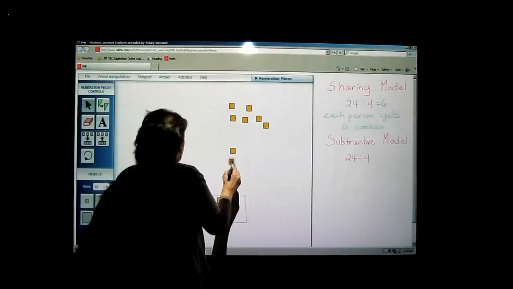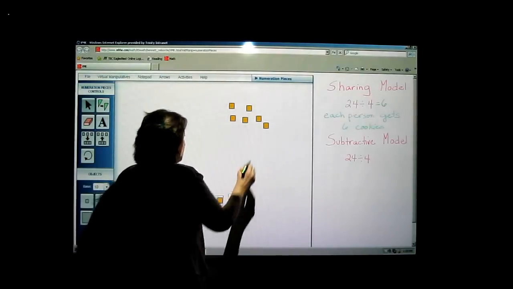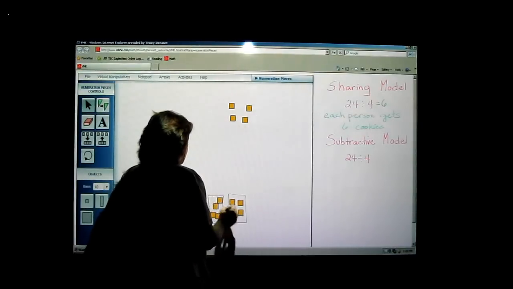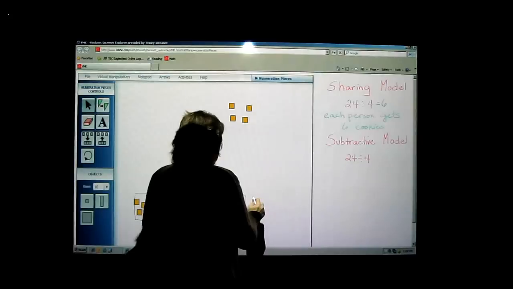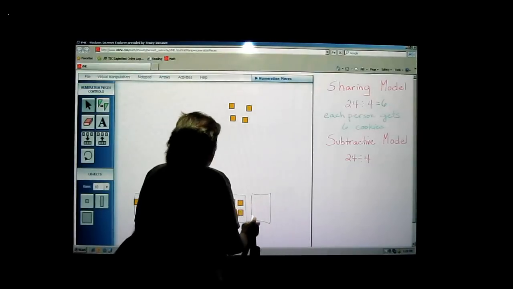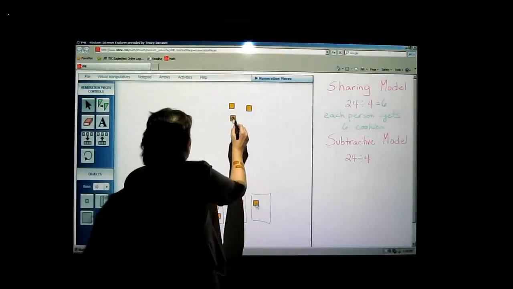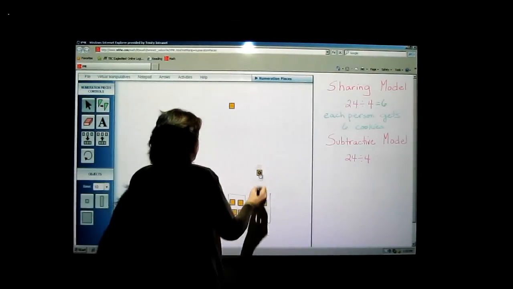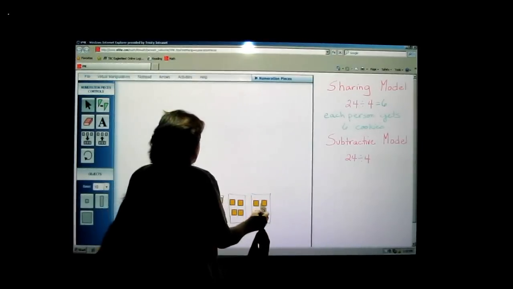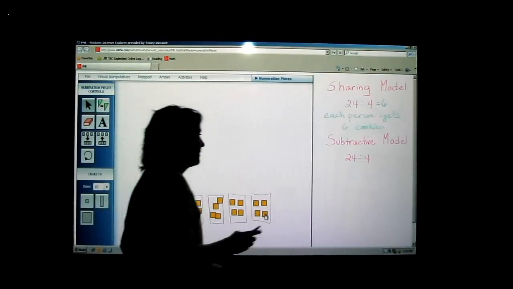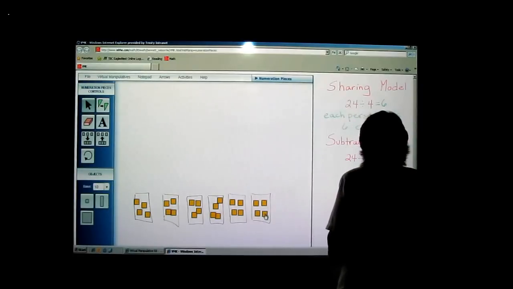So in the subtractive model, we are taking out groups of a certain size, 1 at a time, and the answer is, how many of those groups was I able to make? And again, my answer is 6.